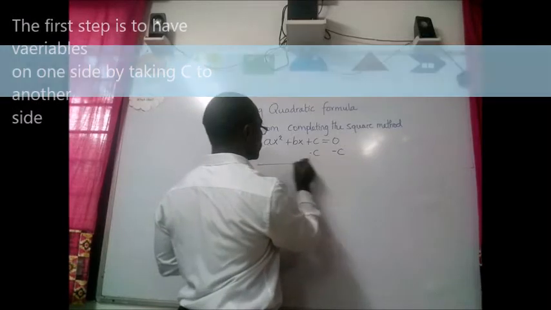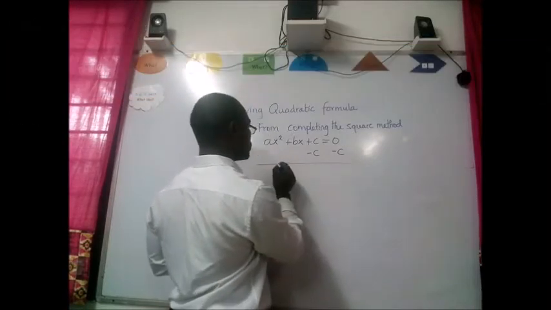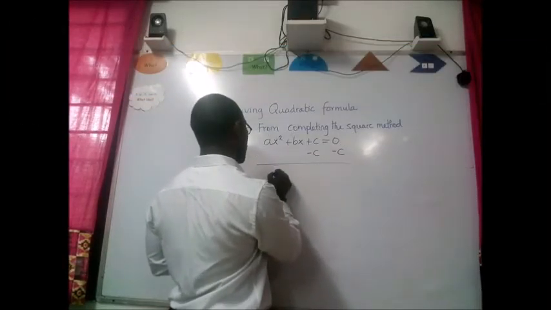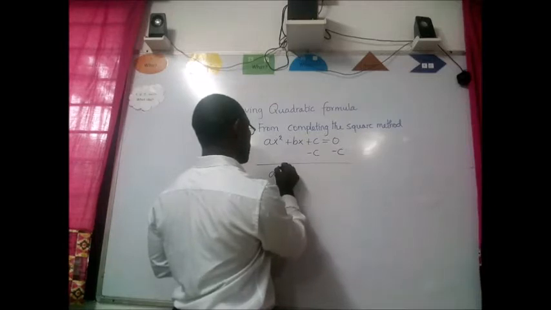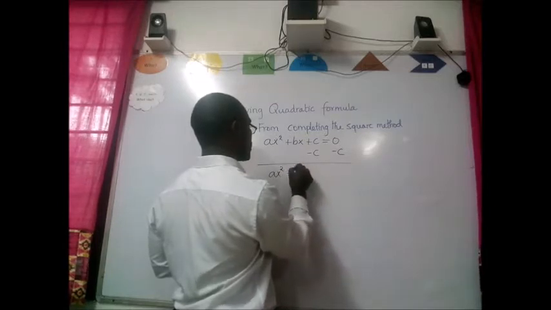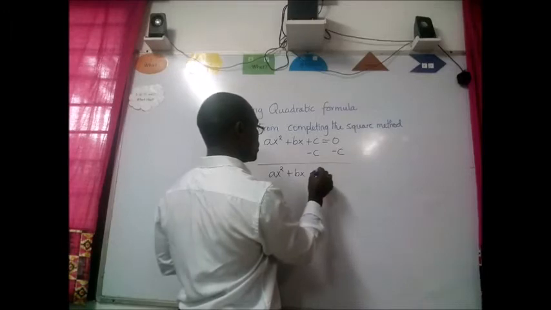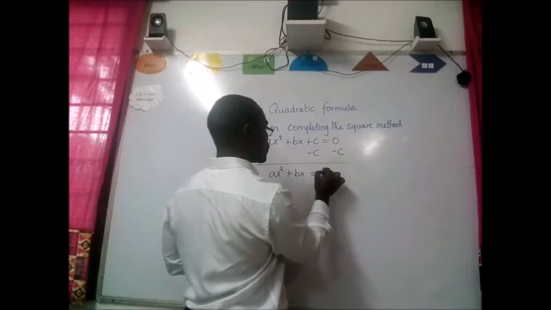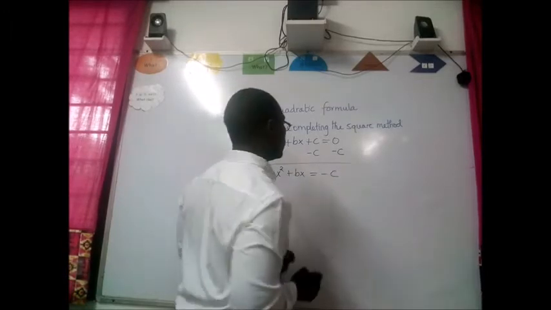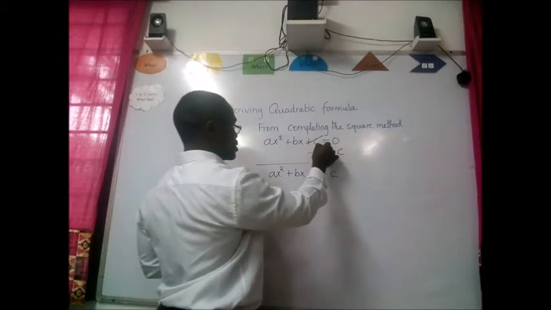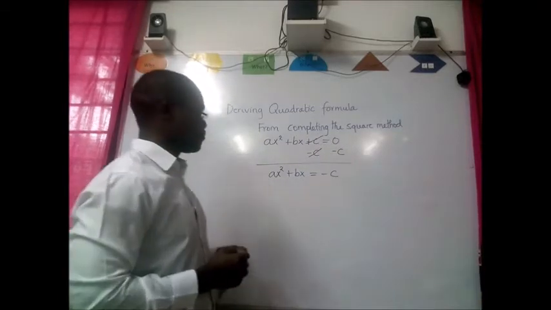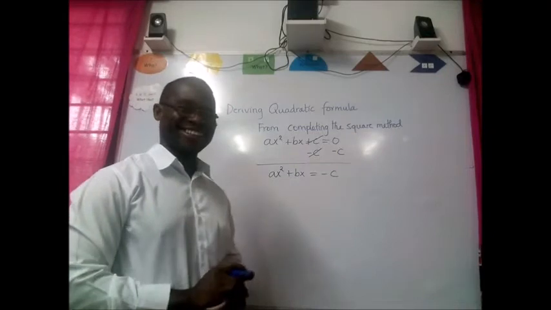So the new equation will be ax squared plus bx is equal to negative c, because here the c cancels, as you can see.